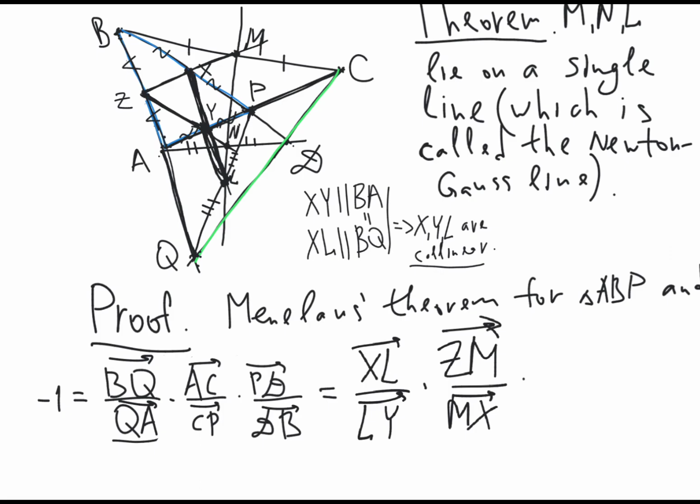And the third ratio, PD over DB. Now we scale everything with center A, twice smaller. So PD is mapped to YN over NZ.